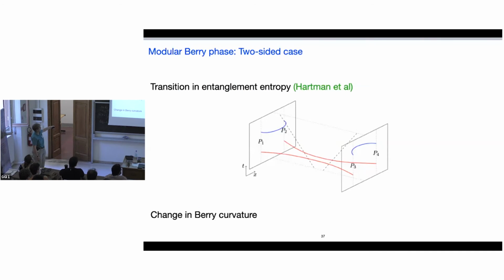These authors, Hartman and colleagues, already observed a transition in entanglement, and we now also see a change in the Berry curvature. In the phase where this is the RT surface, we have a non-zero Berry phase, but then there's a transition. You go to lower temperatures where the two RT surfaces decouple, and in that case, the Berry phase vanishes.